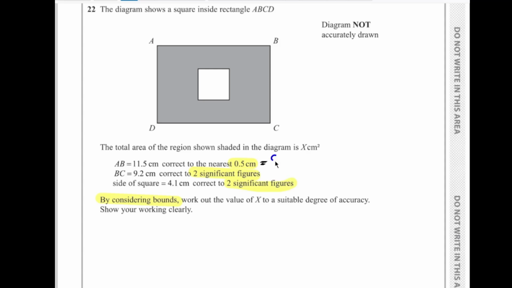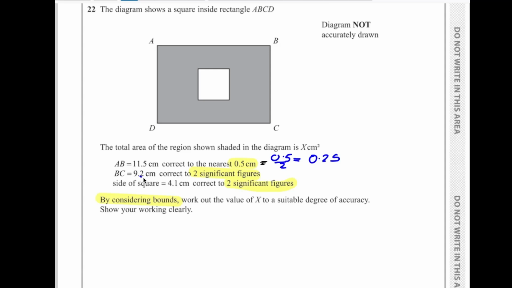In this case 0.5, because it is to the nearest 0.5. It is not to the nearest significant figure, not to the nearest whole number, not to the nearest decimal place. Therefore, straight away, whatever the value given, you divide it by 2, which is 0.25.